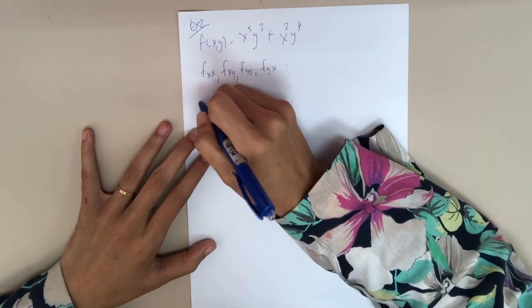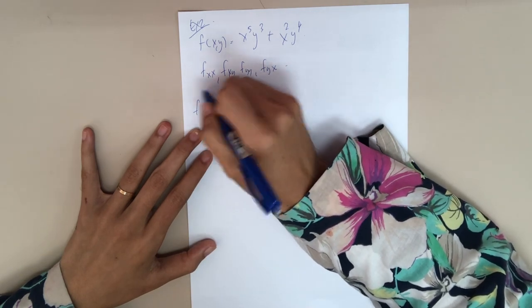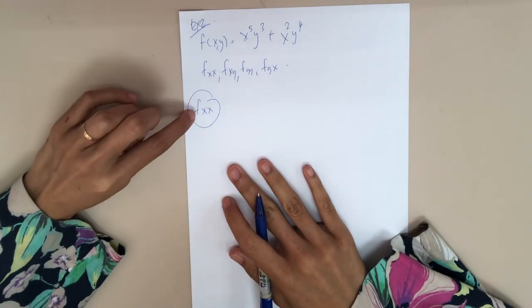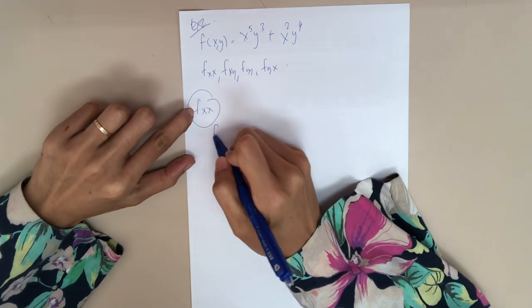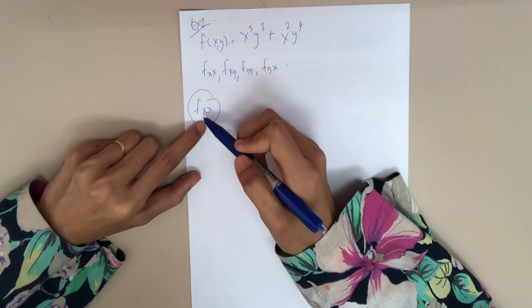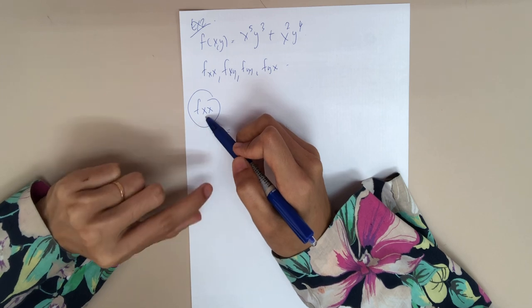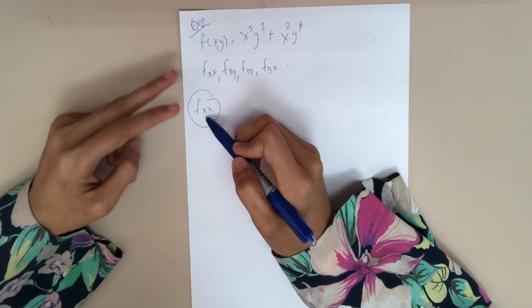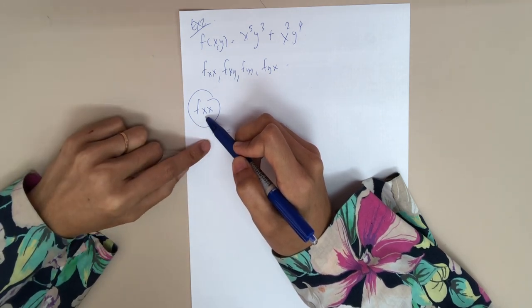We start first with fxx. To start with fxx, you must start with fx, of course. It means you have to differentiate with respect to x twice. So we start first with fx.